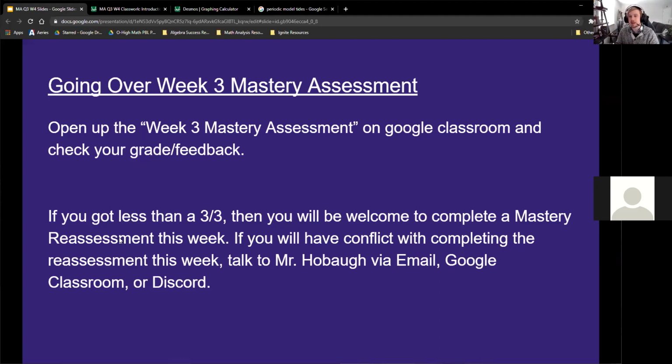That's what the mastery assessment is about. The first week's mastery assessment was about going from the special triangles to creating the unit circle, using the special triangles to make the first quadrant of the unit circle. And this one was about understanding amplitude and period in a model.